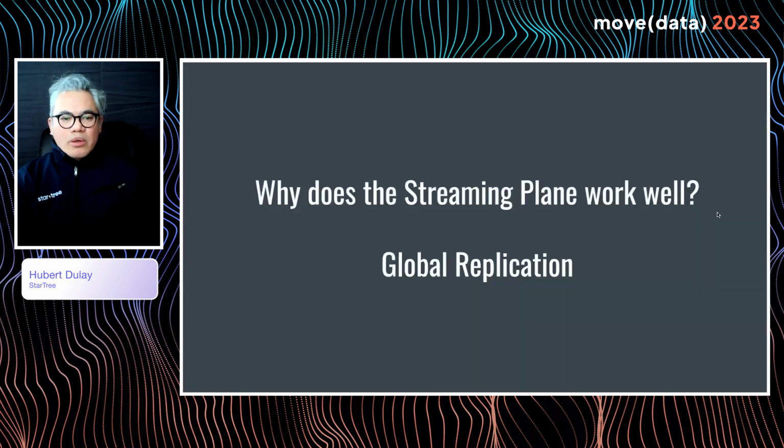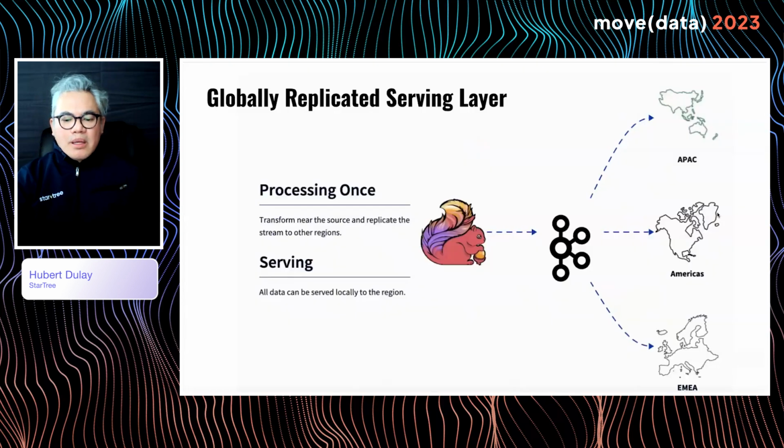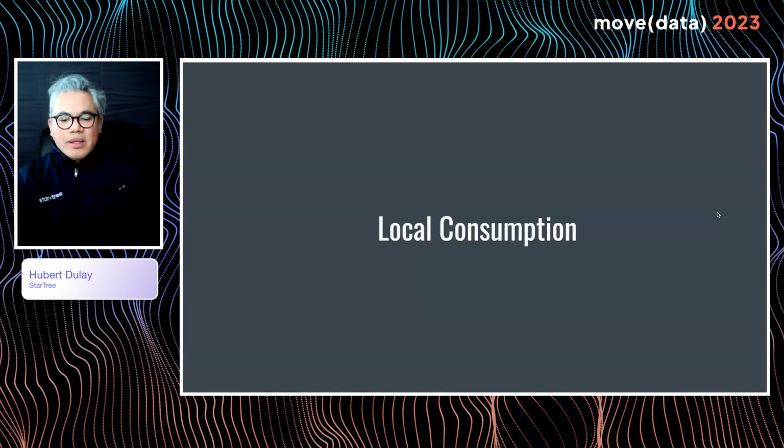So why does this work well? Basically, the replication capabilities really allow you to distribute real-time data across the globe easily. By having multiple Kafkas in there and building different materialized views, you can have many different views of your data across the globe.